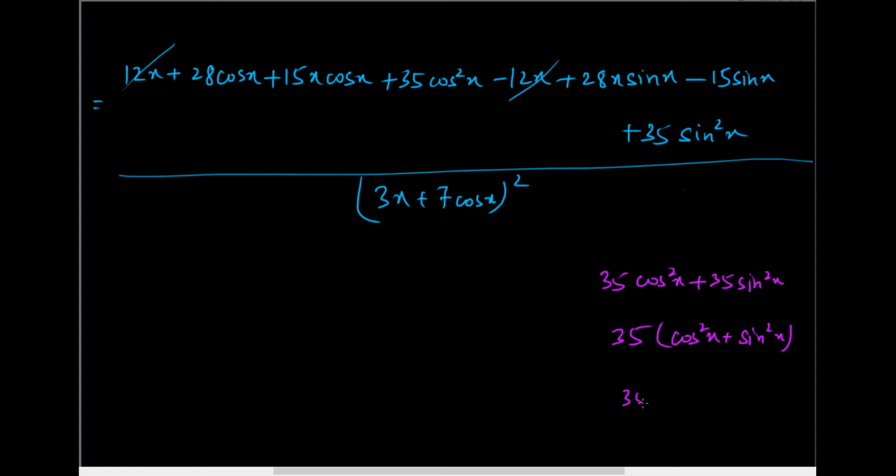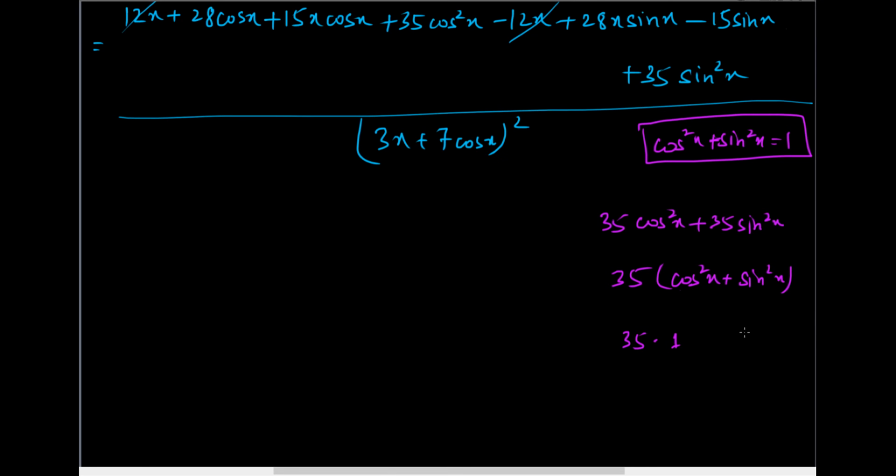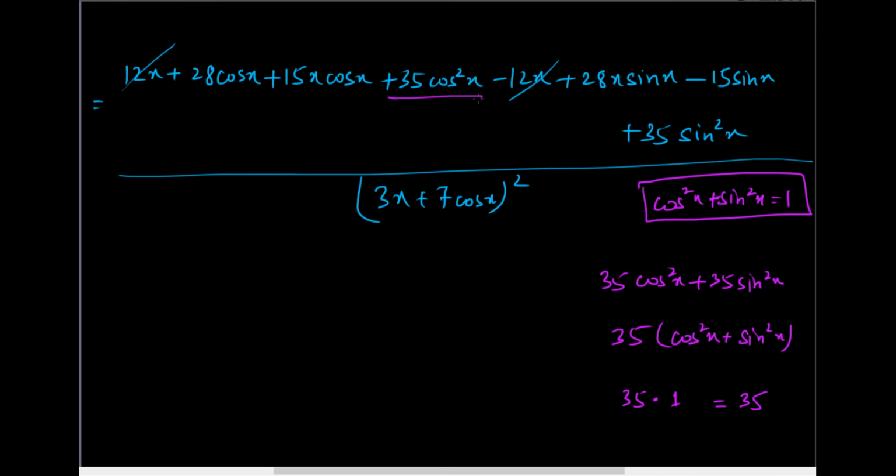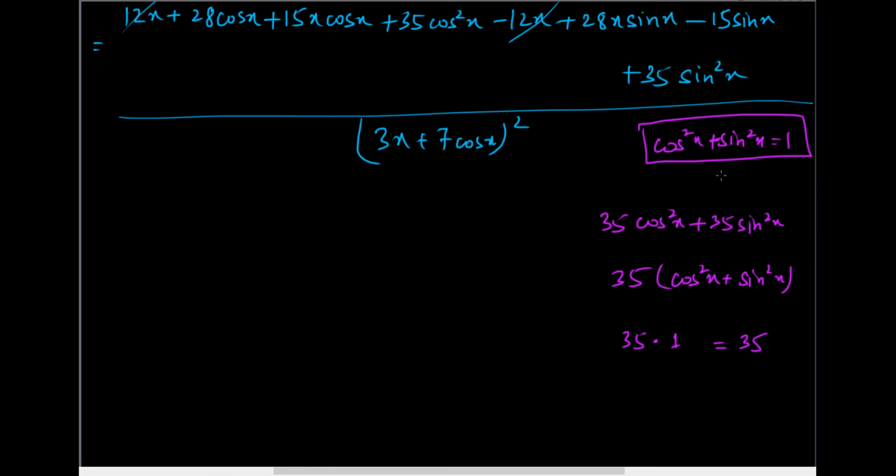So that will be 35 times 1. We need to remember these identities also, because this is calculus, we will use everything from trigonometry also. So 35 times 1 is 35. That means if we add these two terms, 35 cos square x plus 35 sin square x, that will be reduced to 35. So this will help us in further simplification.